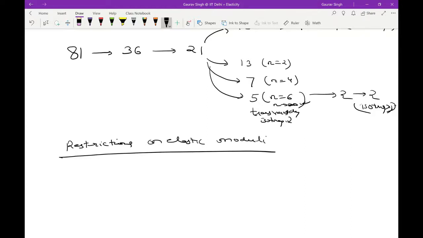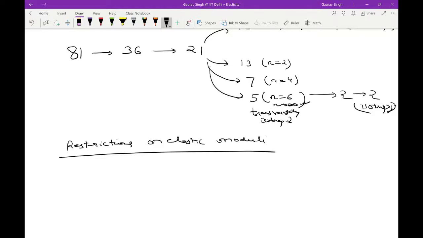There are two ways to do this. Remember the earlier case we used to do some tests, uniaxial test, pure shear test, and hydrostatic test, and then we would be able to give bounds on the nu and E. That would give some restrictions on the elastic moduli for an isotropic case.